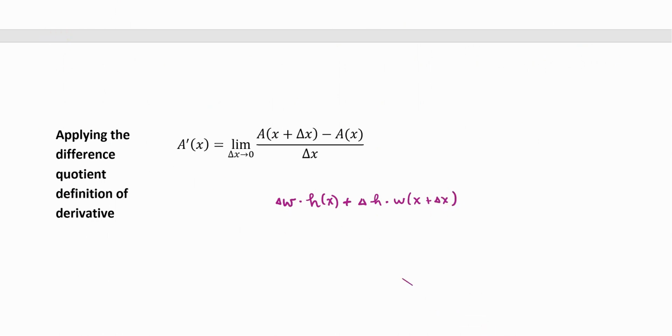So I haven't lost the meaning of the limit. It's still the limit as delta x approaches 0.